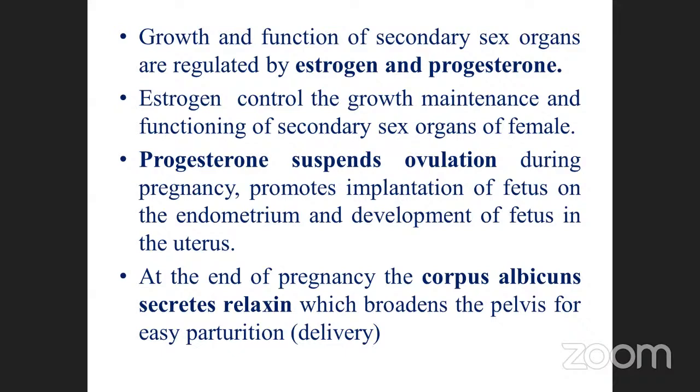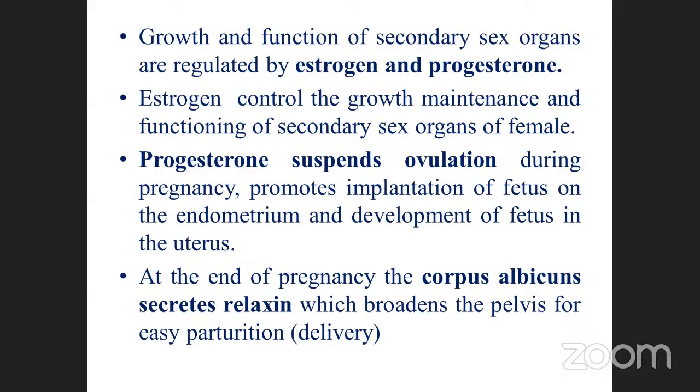At the end of the pregnancy, the corpus albicans secretes relaxin. Relaxin is very important for the parturition process. Parturition is nothing but delivery. It is also used for muscle relaxation during birth, with the broadening of the pelvis for parturition. That is also delivery time. Which hormones are responsible? Relaxin and progesterone.